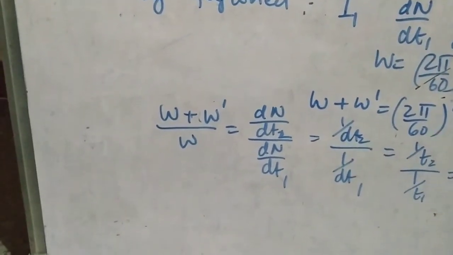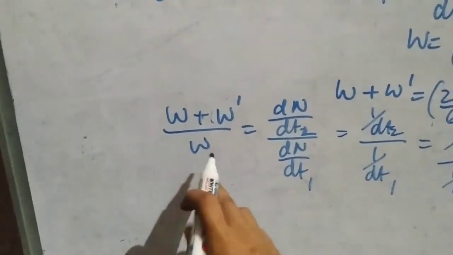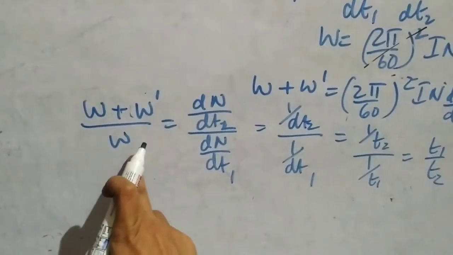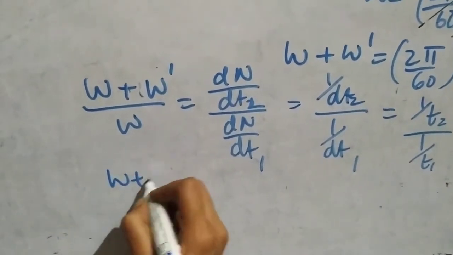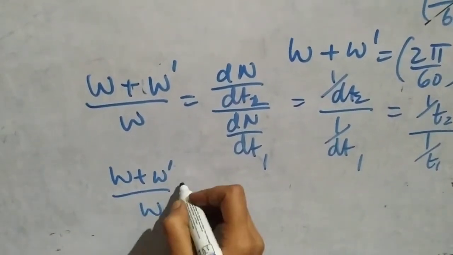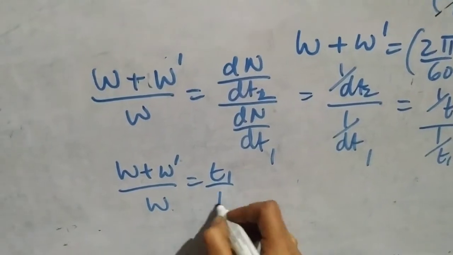So what is the new value of the rotational loss? W plus W dash divided by W, finally we get T1 divided by T2.